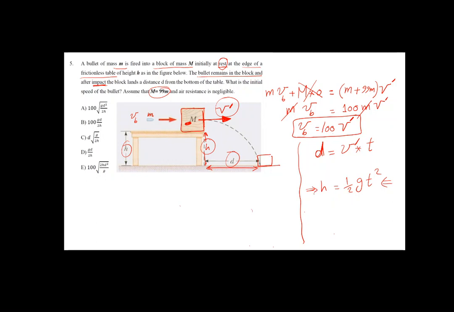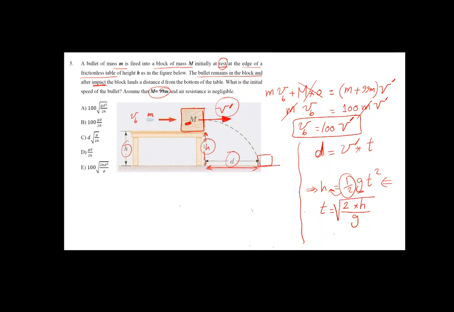From this equation for h, I will say what? I can say t equals, I will take the half to the other side, it will be 2. So it becomes 2 times h, and the g will go to the denominator on the other side over g, and the t here is squared. So to remove the square, I will take the root. The square root.